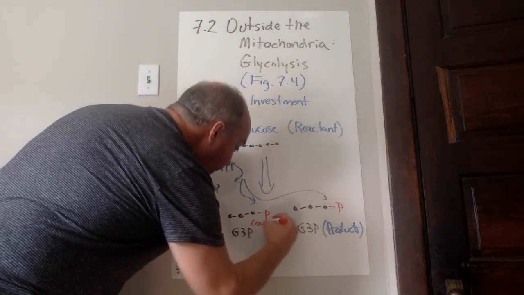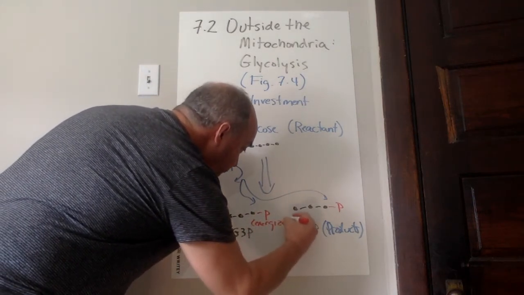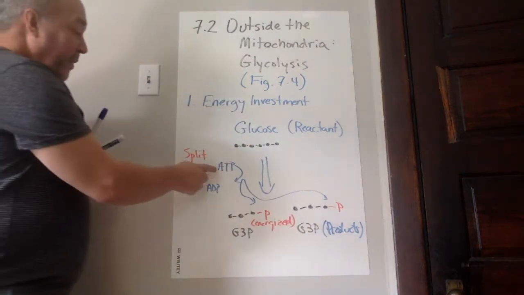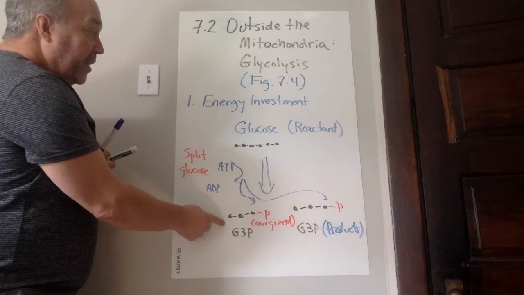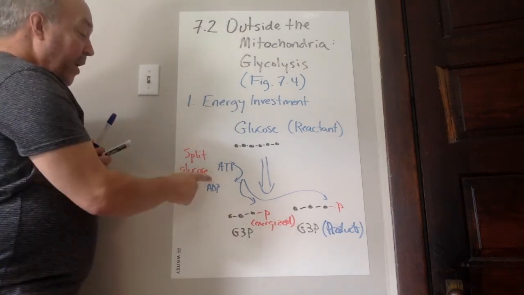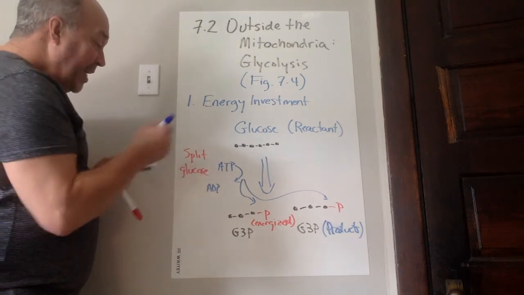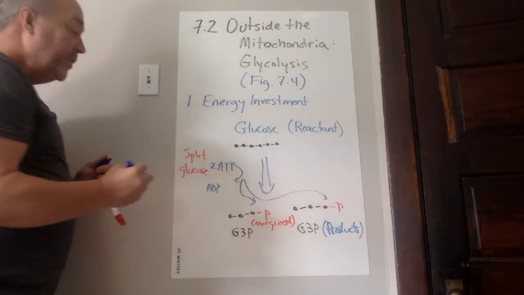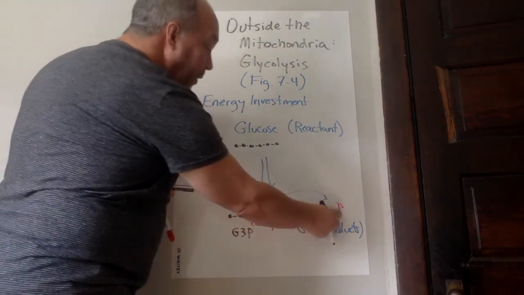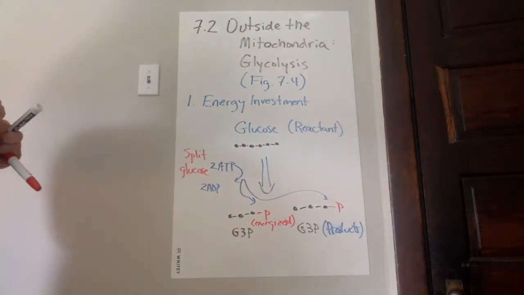So now these G3P molecules are energized. The energy that was in the ATP is now in the G3P molecule. This is why it's called an investment. We've invested 2 ATP molecules to start this off. So we get 2 ADP molecules and 2 phosphates.